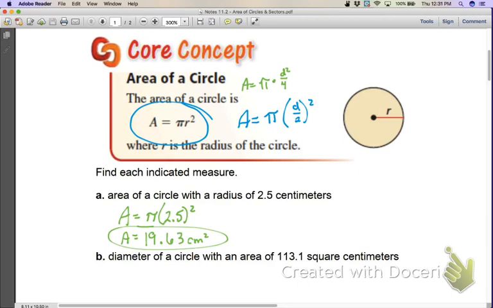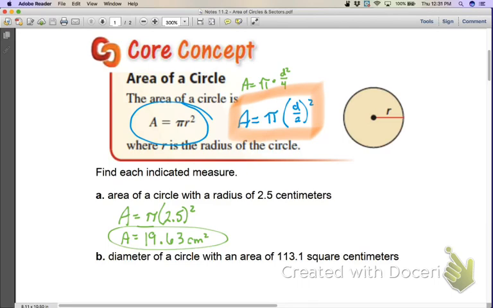So now it says find the diameter of a circle with an area of 113 square centimeters. So now we're going to work a little bit backwards, or a lot backwards. We're trying to find the diameter. So what I would do is go to this new fancy diameter type equation that we have right here.